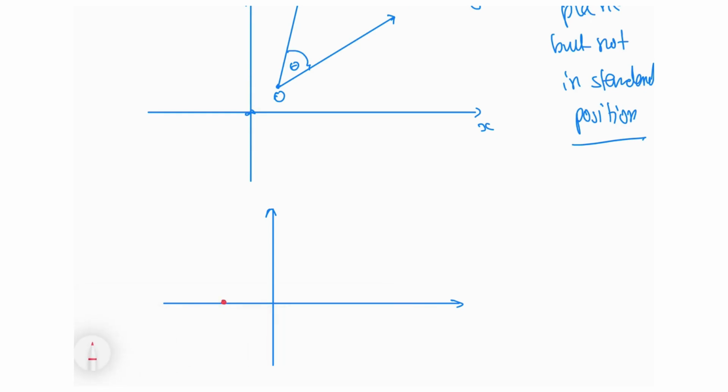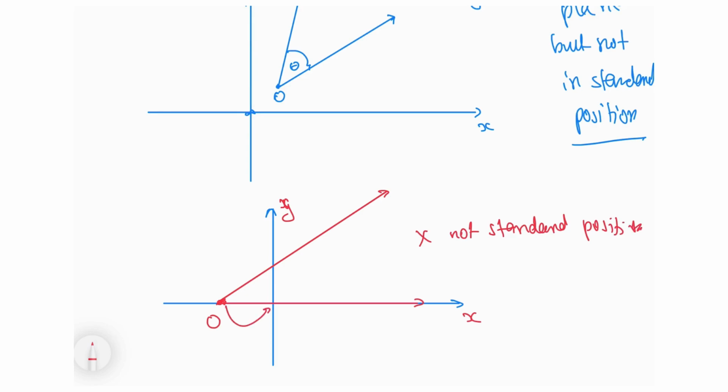For example, you have here one, and here one, and then you have O, and so on. This is x, y, and x. This is not standard position. Why? Because the vertex is not on the coordinate origin.